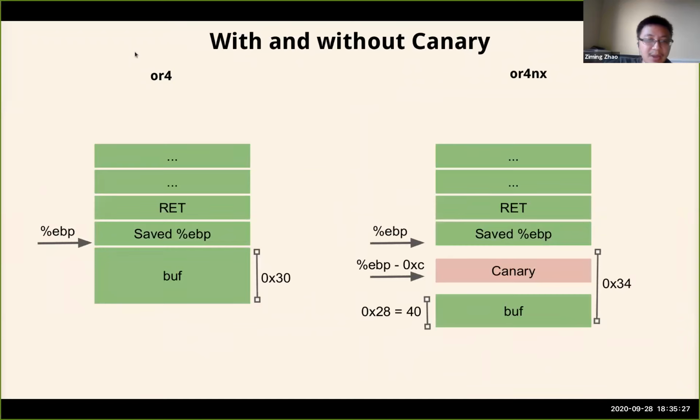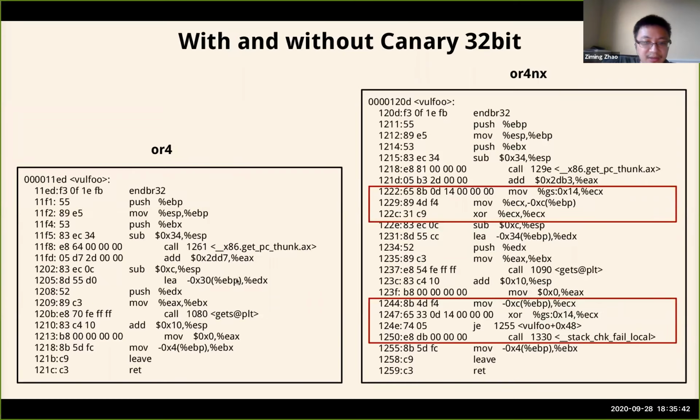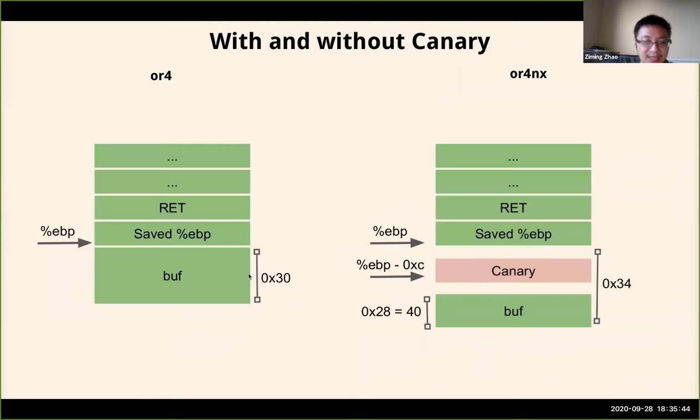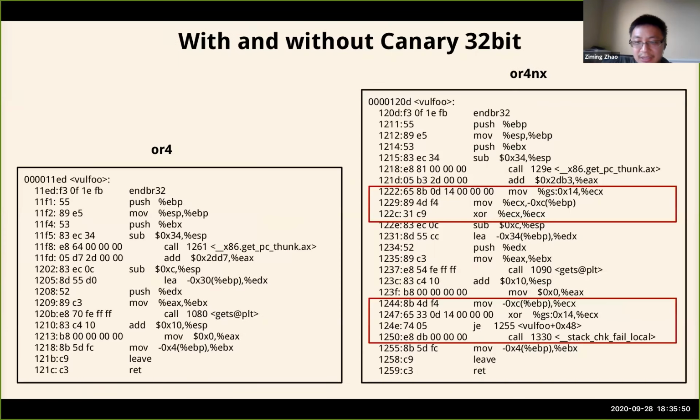So we can compare those stack layouts. For the version without canary, we have the buffer, and from the disassembly we can say the buffer is at EBX minus 30. However, with this version the buffer is actually at EBX minus 34.